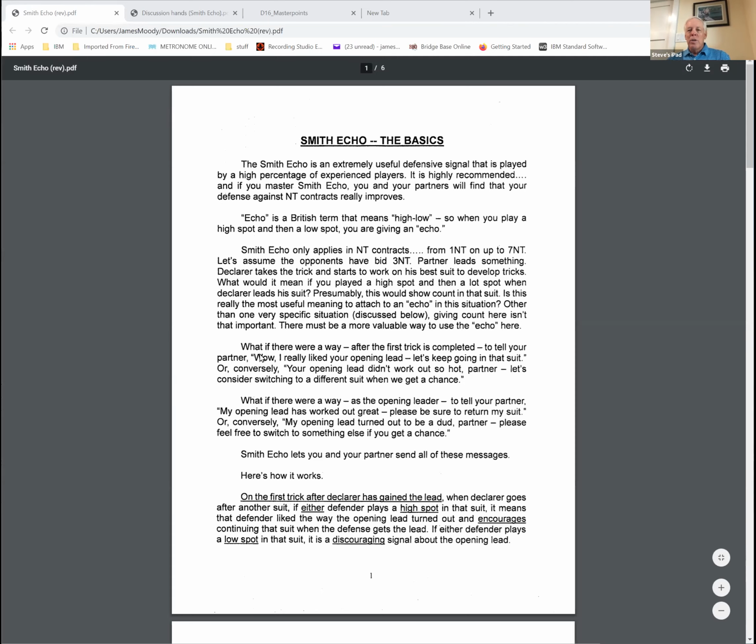Here, the two-part name is Smith Echo, and Echo is a British term that means a high-low. So if you're over in London and you high-lowed at a bridge club there, they would say, well, you echoed. Now, as far as Smith, I'm not sure which Smith gets credit for this, but I have always associated Smith Echo with a Houston expert by the name of Curtis Smith.